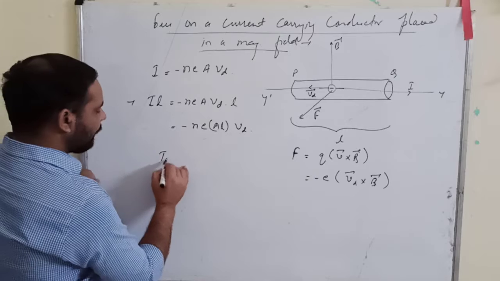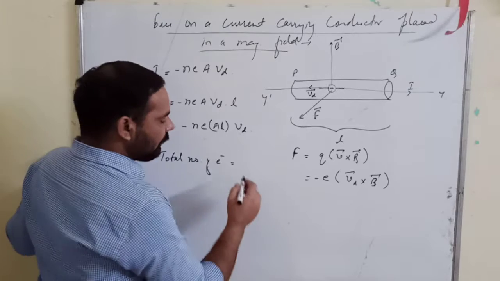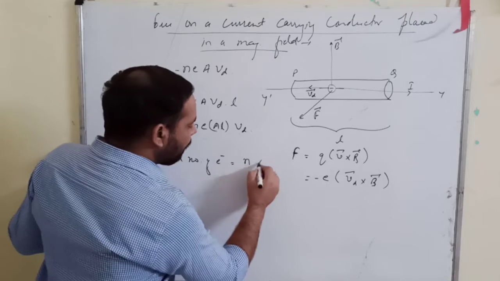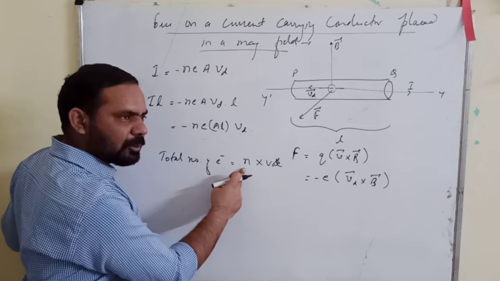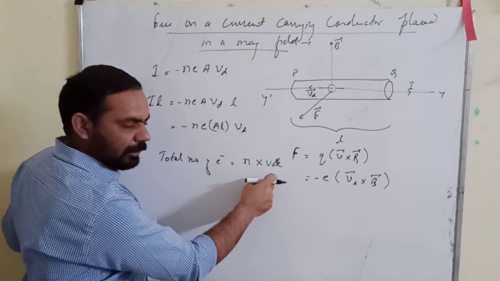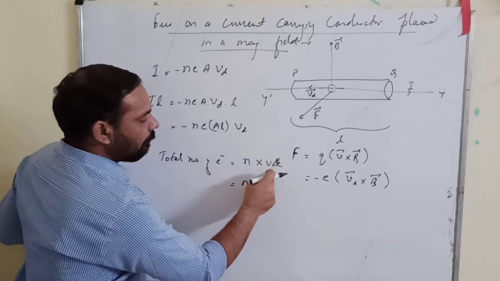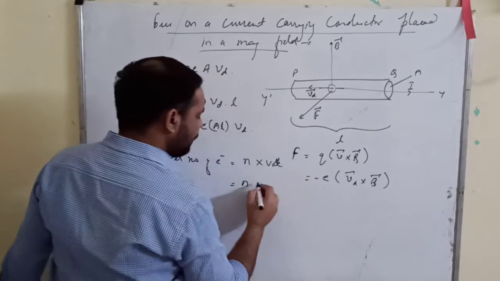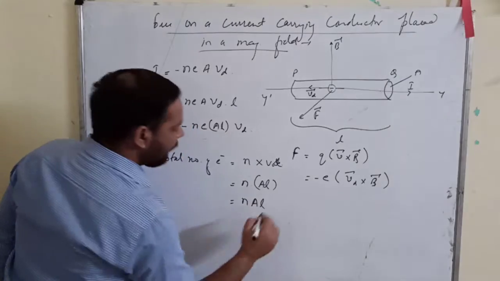The total number of electrons is equal to the number of electrons per unit volume multiplied by the volume of the conductor. If cross-sectional area is A and L is the length, then A into L will be the volume. So the total number of electrons is nAL.